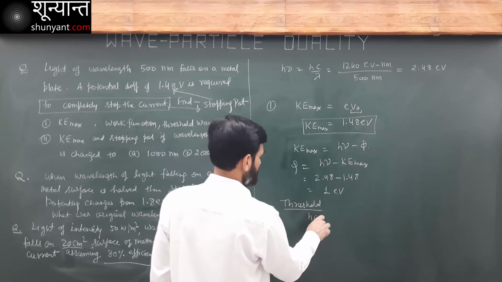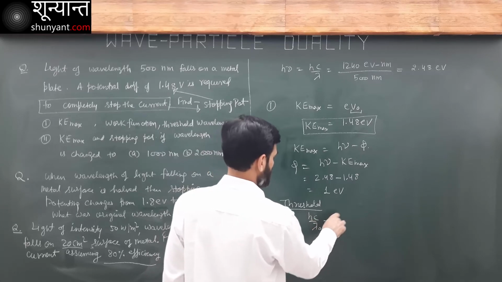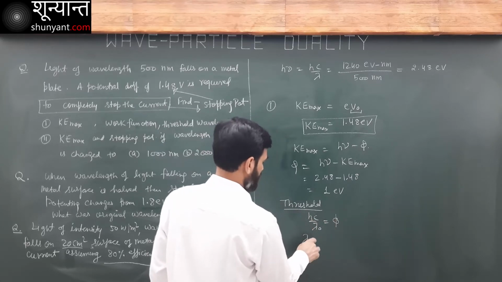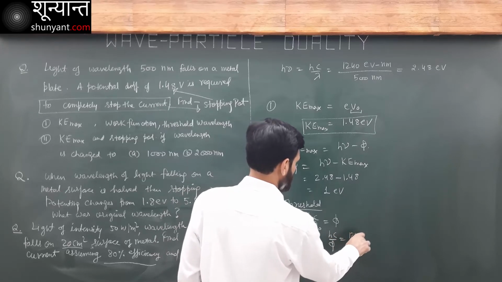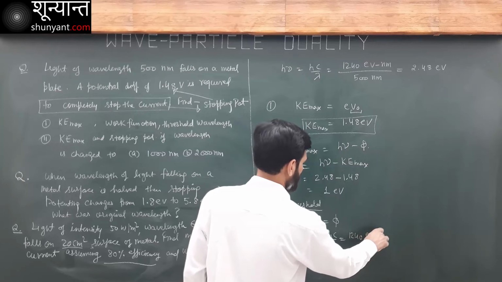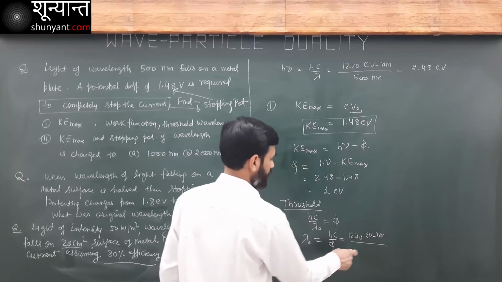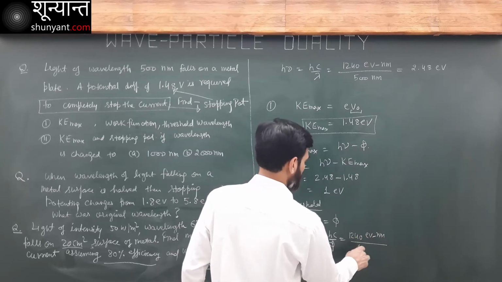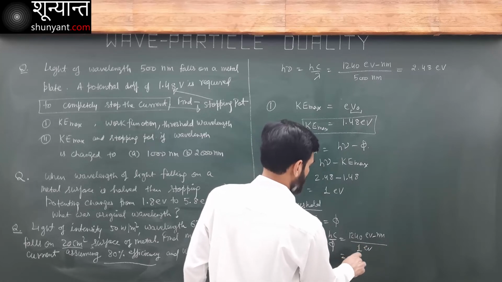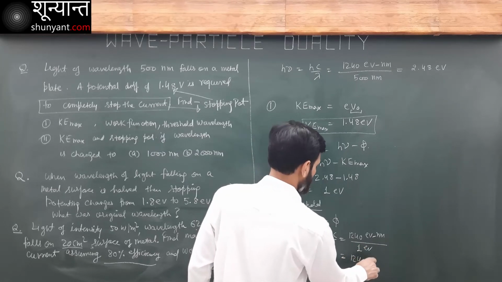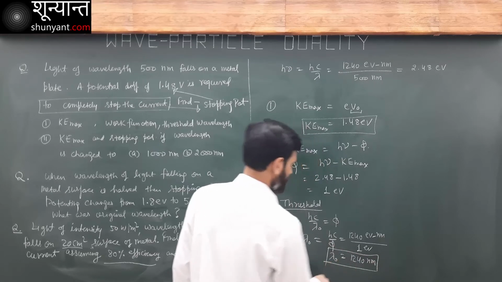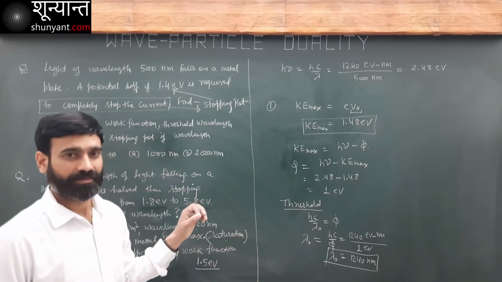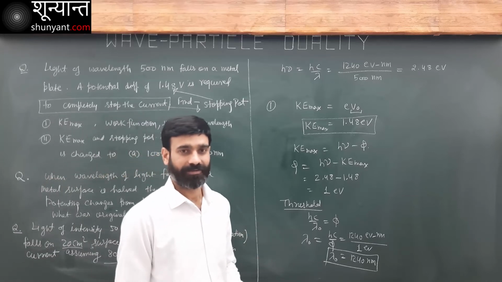Hc over lambda naught is equal to phi. So lambda naught is hc over phi. Hc is 1240 electron volt nanometer, over phi which is 1 electron volt. That gives 1240 nanometer. This is the threshold wavelength.